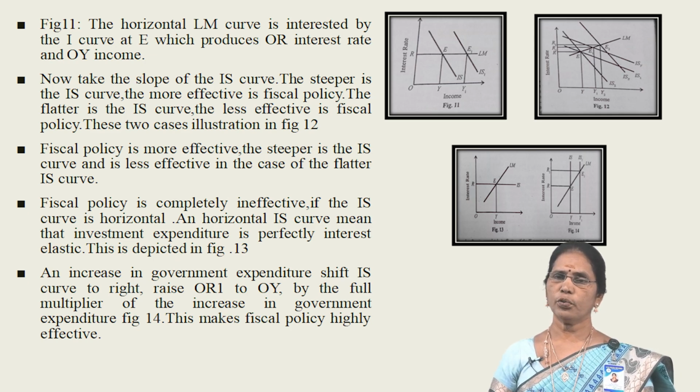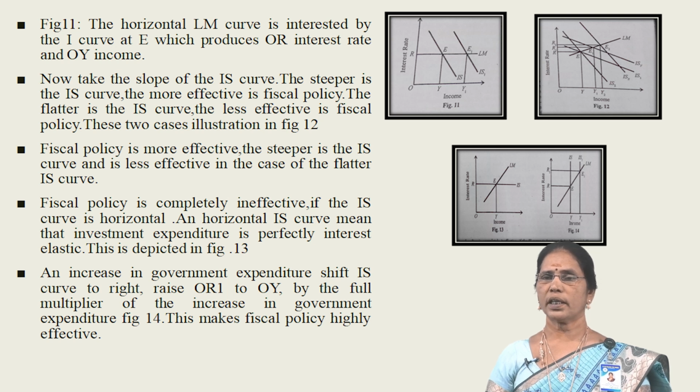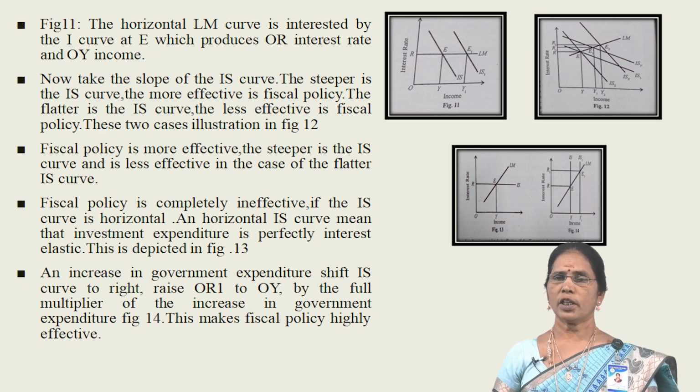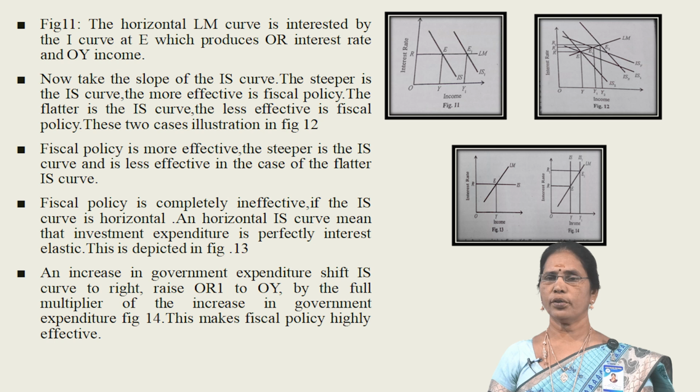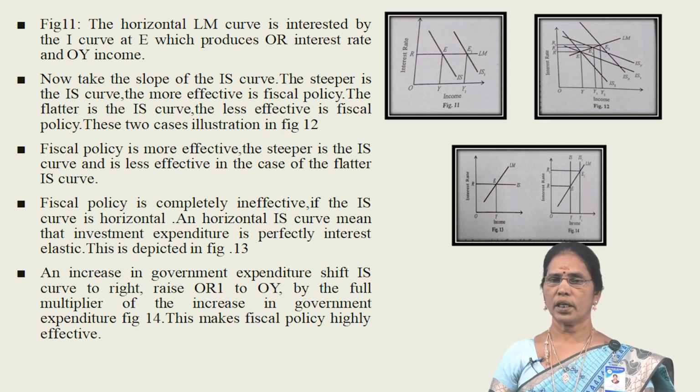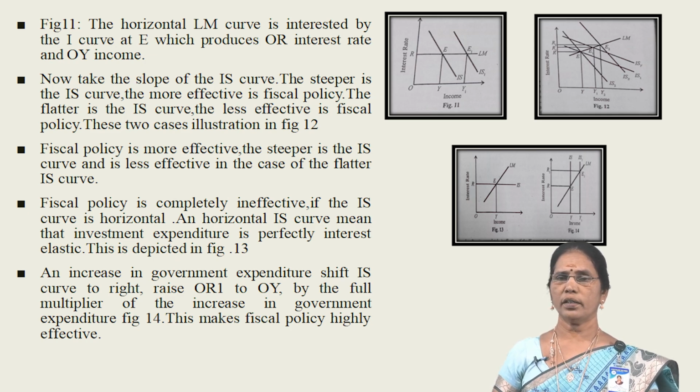Fiscal policy is more effective the steeper the IS curve is, and less effective in the case of a flatter IS curve. Fiscal policy is completely ineffective if the IS curve is horizontal, and a horizontal IS curve means that investment expenditure is perfectly interest elastic.